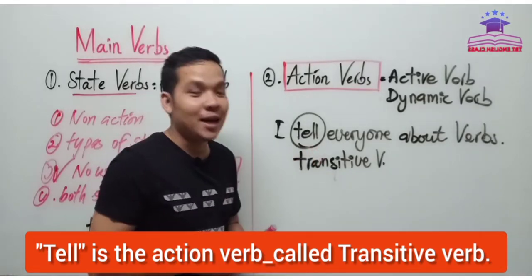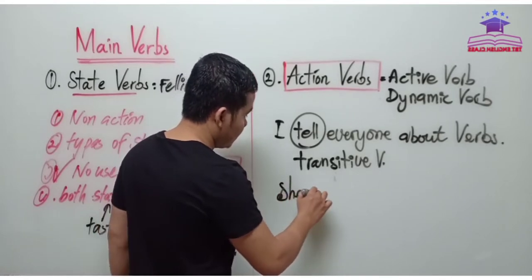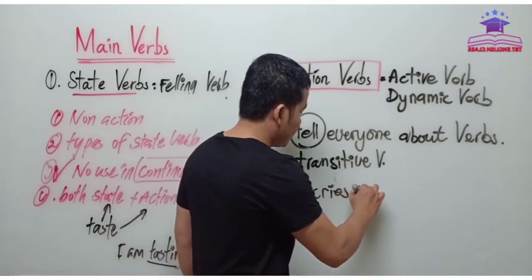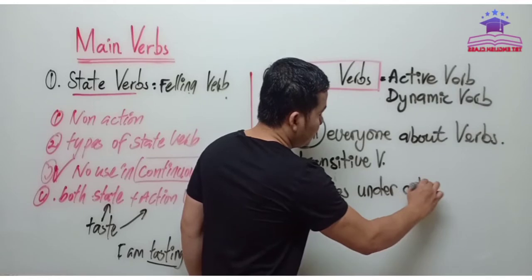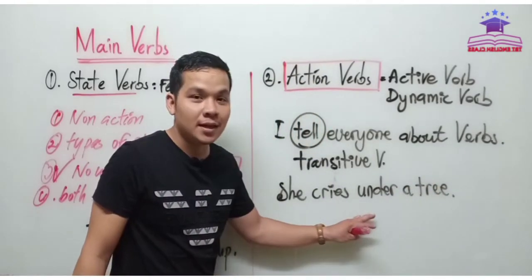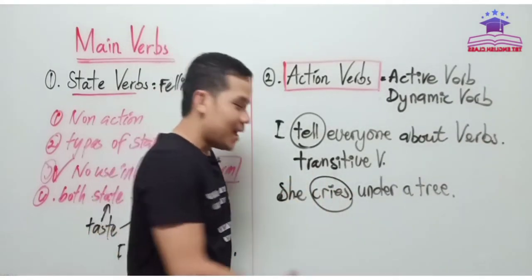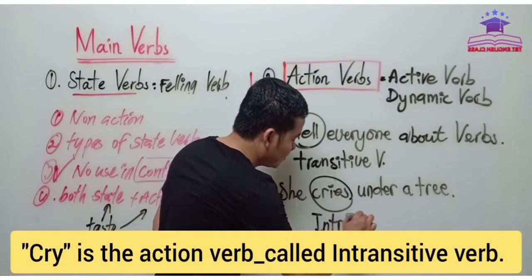I give you another example. She cries under a tree. You see, she cries under the tree. So you can see this verb is the action verb, and we call it intransitive verb.